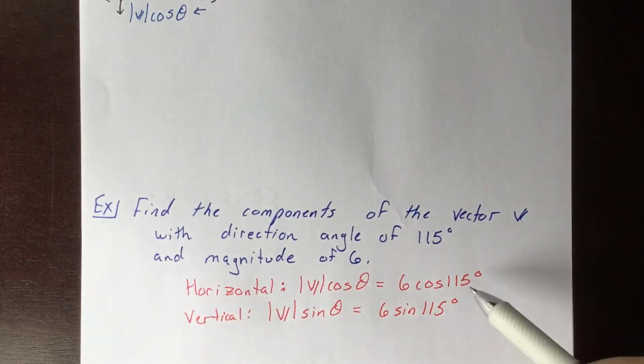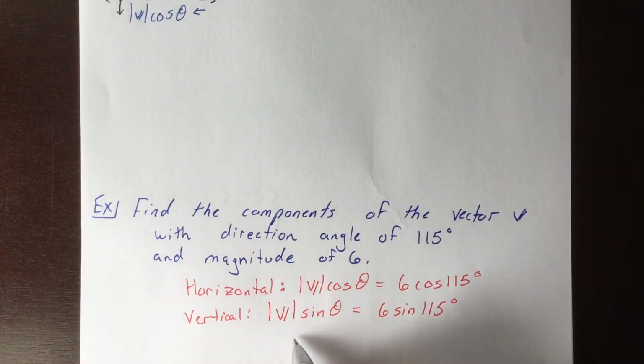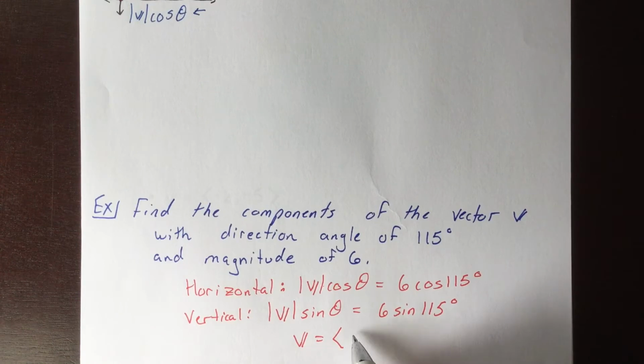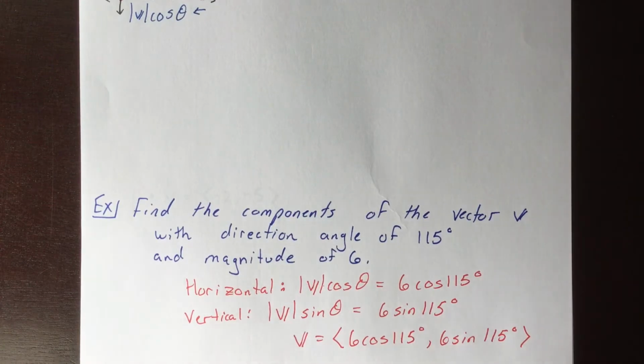Yes, you could evaluate these and get an approximation, but it is always a good habit to never give approximations unless asked for. So our component form is 6 cosine of 115 degrees, comma, 6 sine of 115 degrees. Not much to it. It's just, again, knowing definitions and working with them.